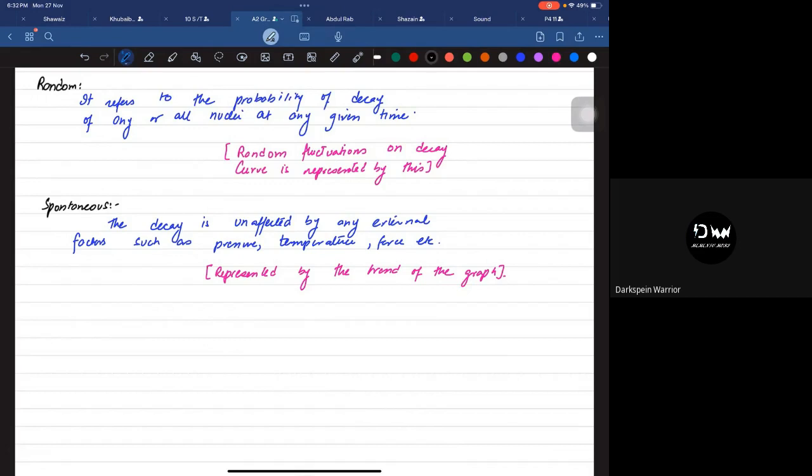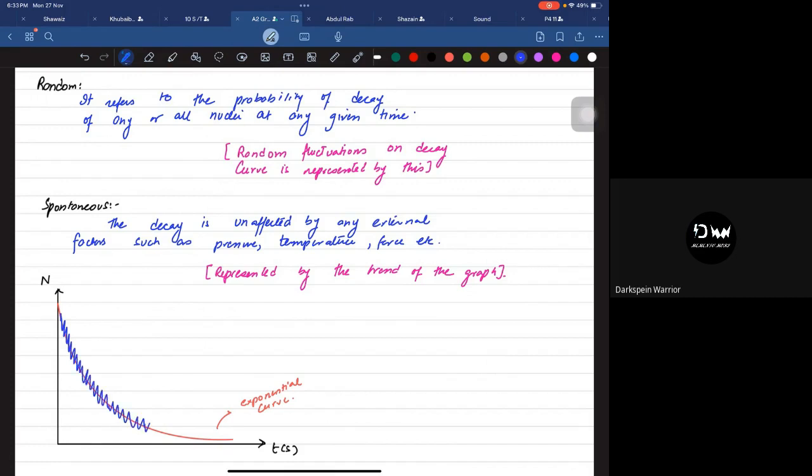So the graph of decay generally looks like this. Number of particles here with respect to time. You see a line like this. This line shows it's an exponential curve, and this is just the average line. The real line looks something like this. There are random fluctuations on it because of the random nature.